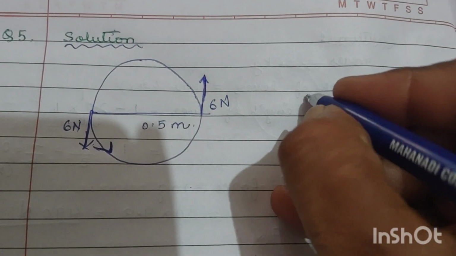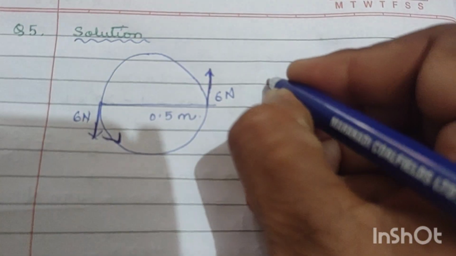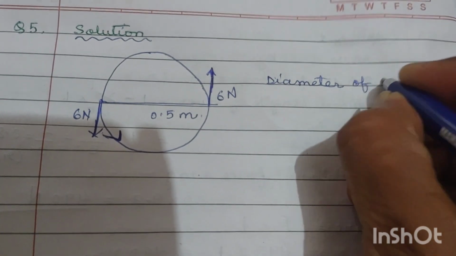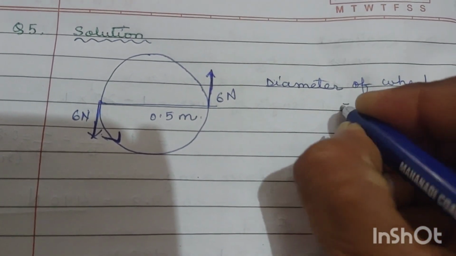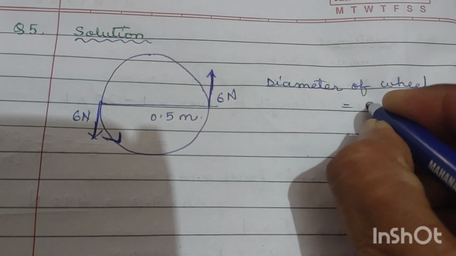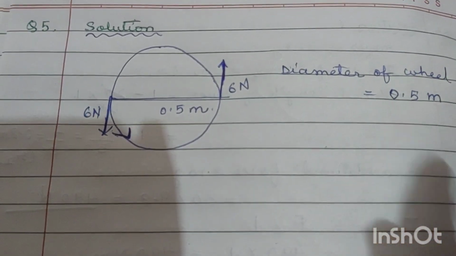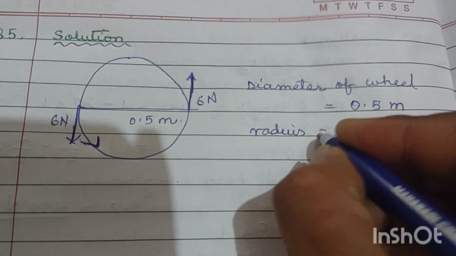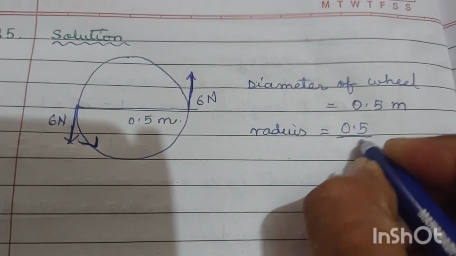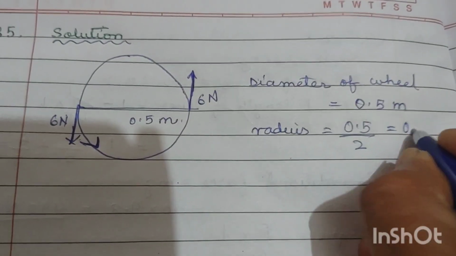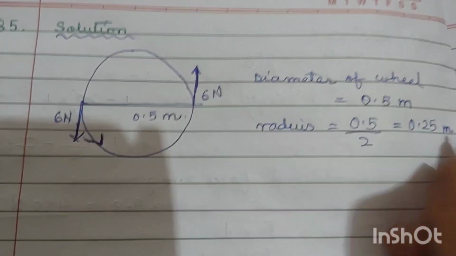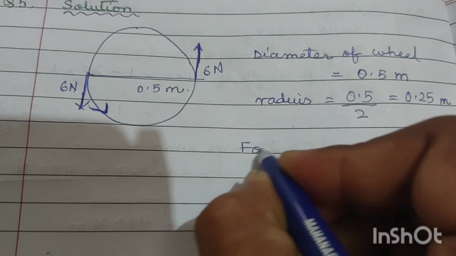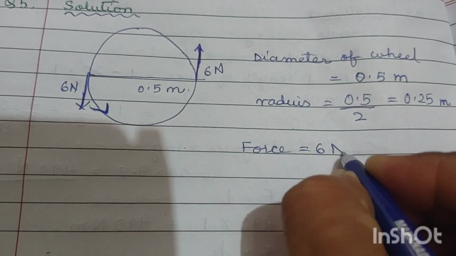Now let us write the given information. Diameter of wheel is 0.5 meter and radius is diameter by 2, that is 0.5 by 2, which comes out to be 0.25 meter. Now force applied is given, force is 6 Newton.